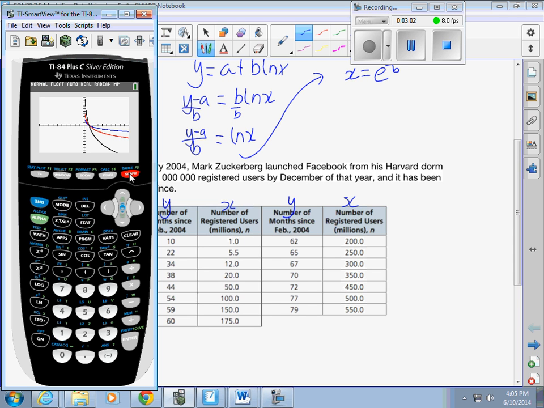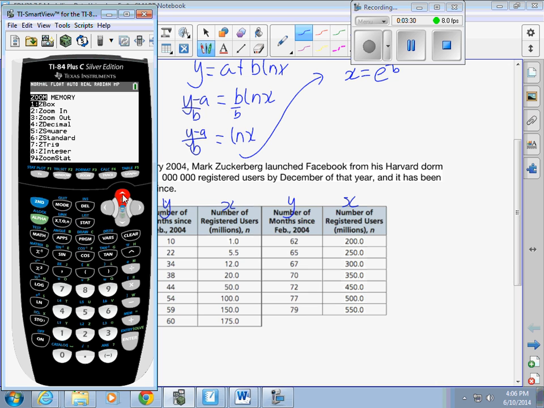Why are those graphs in there? I may have to change the stat plot's probably not on. There we go. So now let's graph it. So we're going to zoom in a little bit. Where's zoom fit?